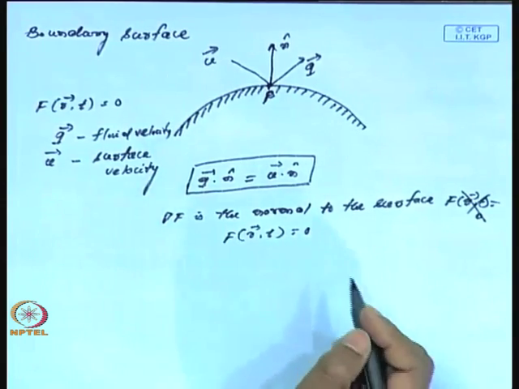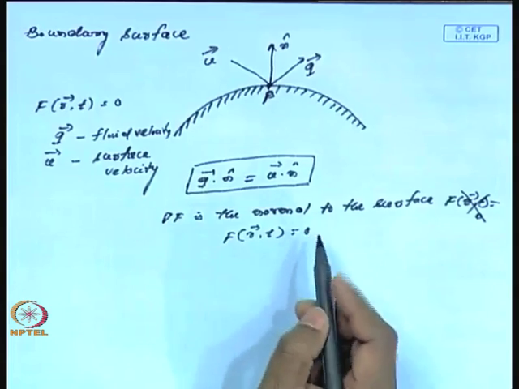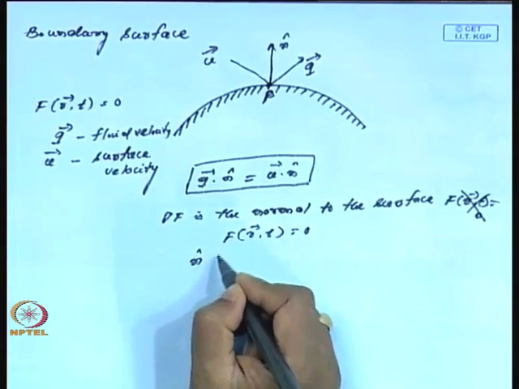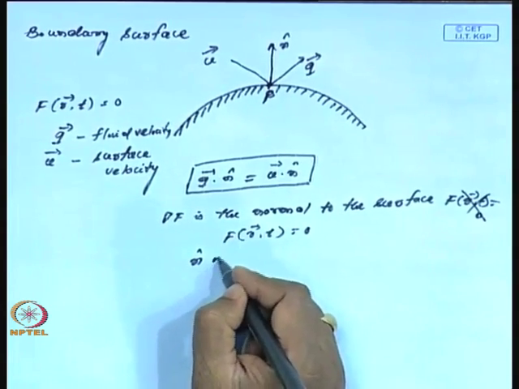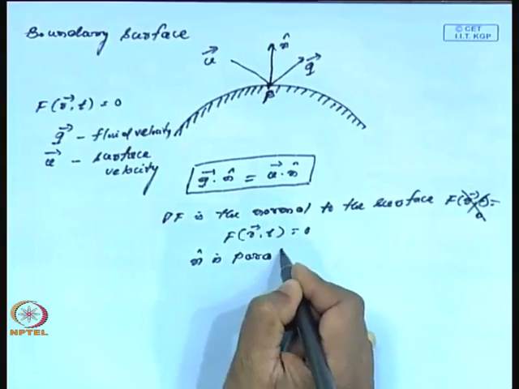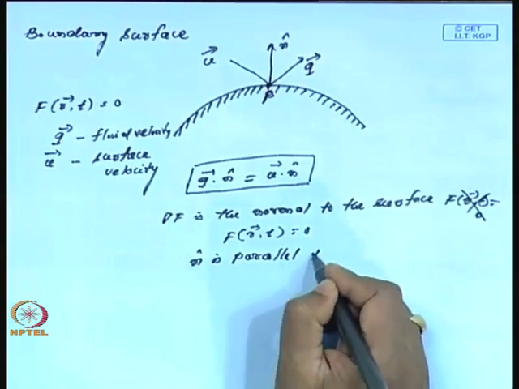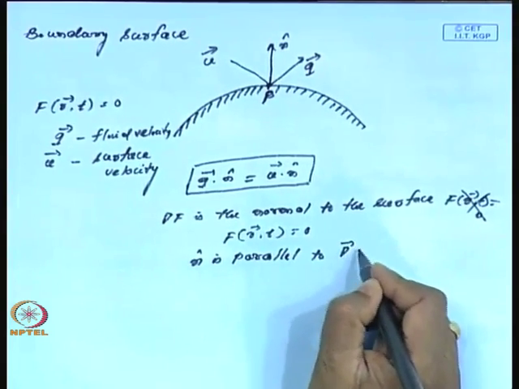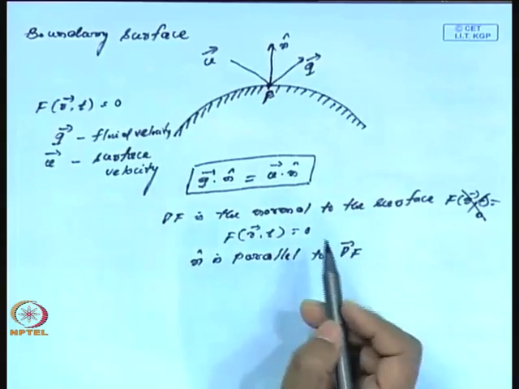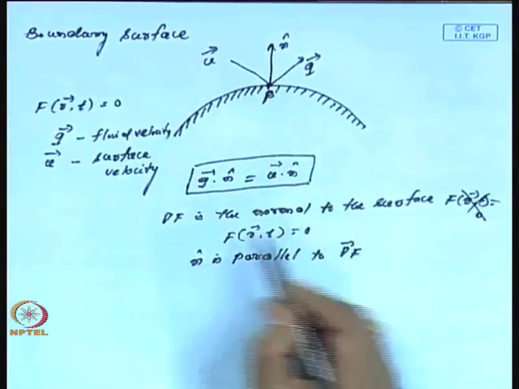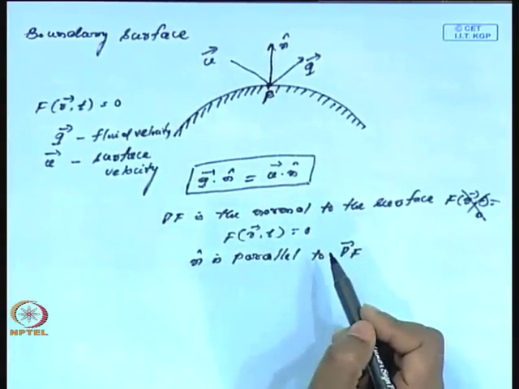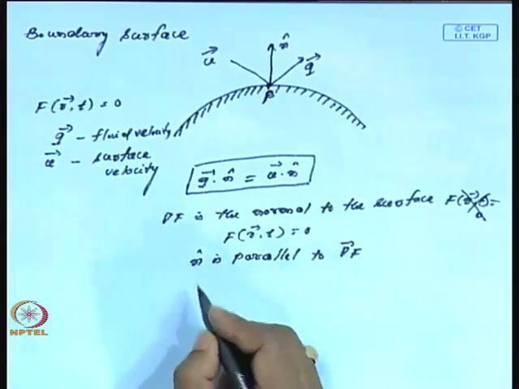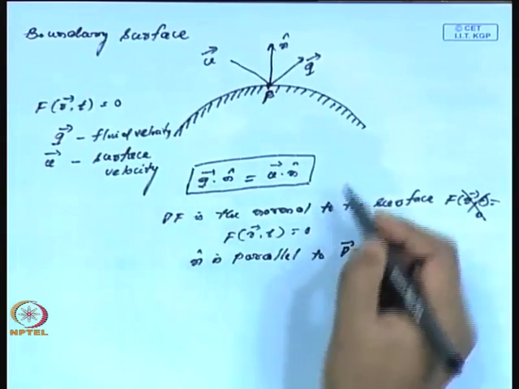If this is the normal to the surface, now we have n hat is parallel to grad f, because we have n is the unit normal and grad f is normal to the surface. So, both are parallel.